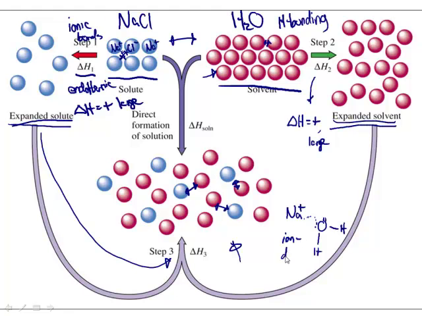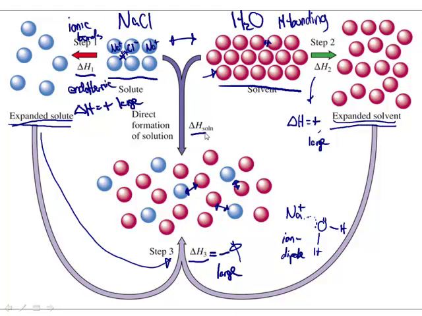Of course, we know that those are relatively strong attractions. So we have these new attractions that form. That is energy releasing. So this last step, in any case when we're forming a solution, is going to be an exothermic process. Delta H3 here is negative, and this is also going to be large.